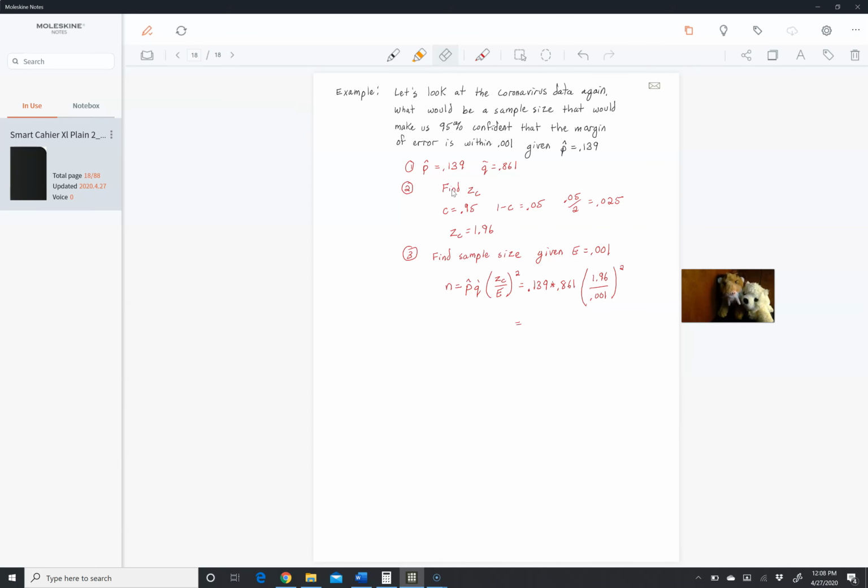So in order to have a 99% confidence interval that it falls between 0.138 and 0.140, we need 459,759 people.